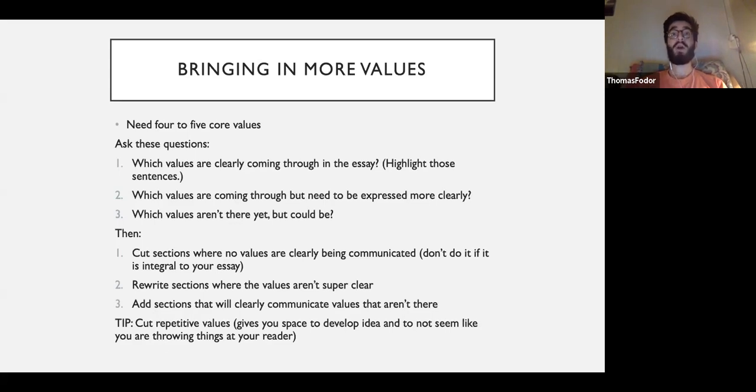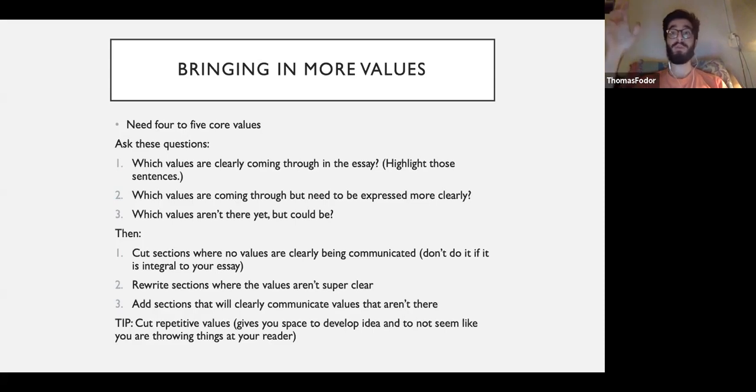Which values are coming through the essay but need to be expressed more clearly? Now, which values aren't there yet but could be or should be there? Once you've asked yourself these questions, I would write your answers down. As I've been over many times throughout these sessions, it's important to have a visual representation of your thought process, because it is going to help you through that thought process.